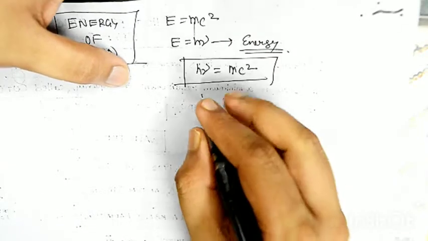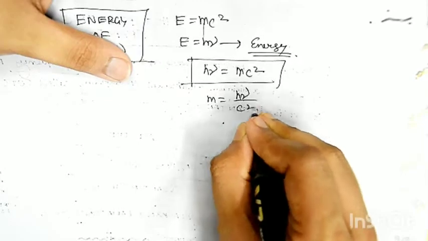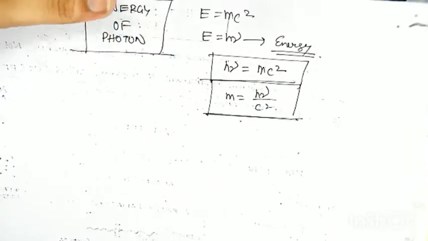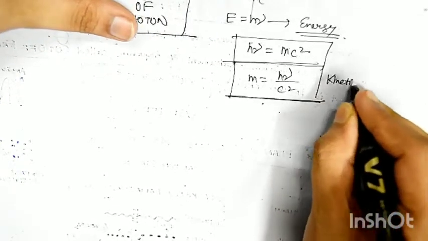You can also calculate the m like h nu by c square. This is called the kinetic mass of the photon. The rest mass is always 0.